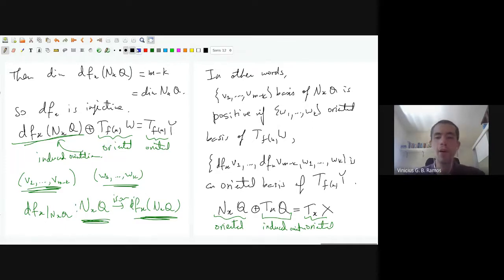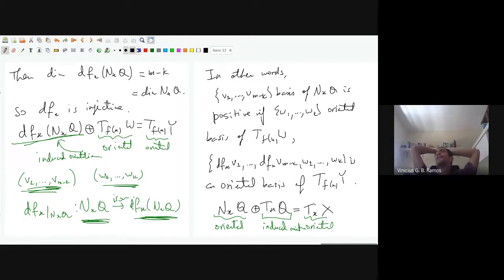The order of the spaces in the direct sum is essential for our choice of orientation. You can change the order, and then you're potentially going to have a different orientation. But we want to keep this order when we think about inducing orientations, at least to be consistent with each other.